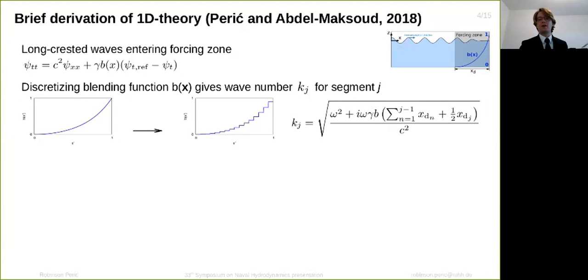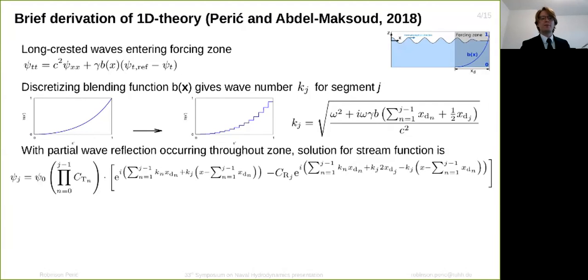And actually, wave reflection will occur throughout the whole forcing zone, but we could show analytically that already a small number of steps, like 20 steps in this function, provides basically the same result as the continuous blending function, which also explains why in flow simulations, forcing zones generally behave indifferent to the grid that is used.